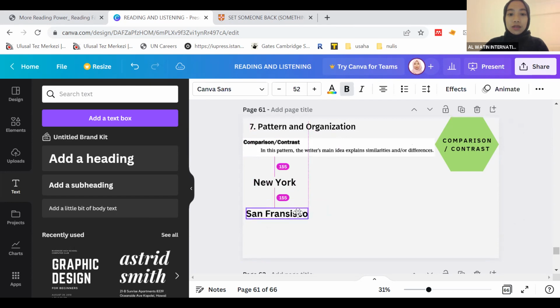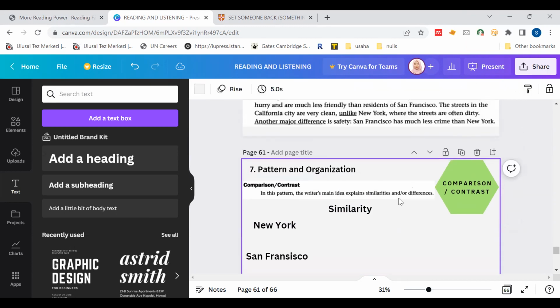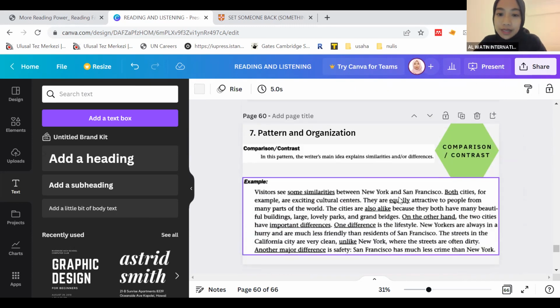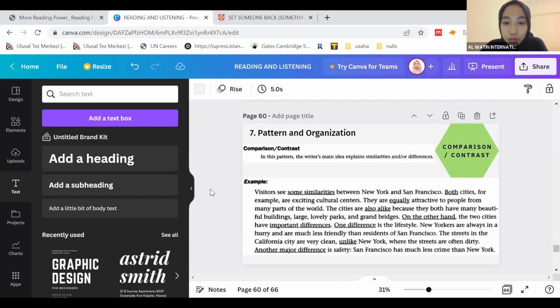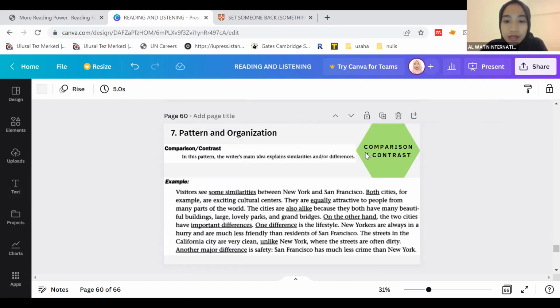Let me show you again. Similarities. I think you're cutting. I'm not sure.